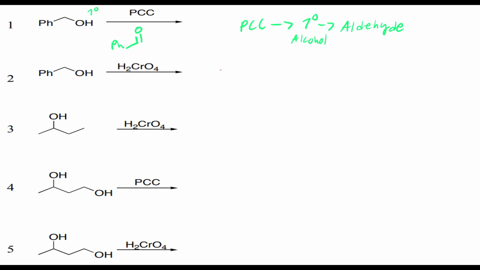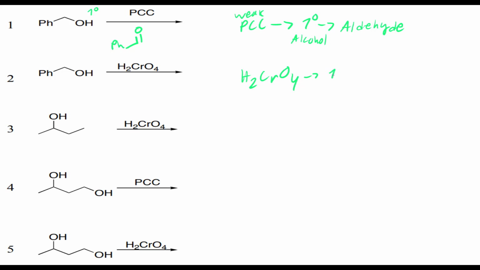Simple. Now, what about chromic acid? Well, technically, jumping back, PCC is more of a weak, mild reactant, but chromic acid is super strong, okay? Super strong. And it gets a little bit more complicated, but basically it can do secondary and primary alcohols.